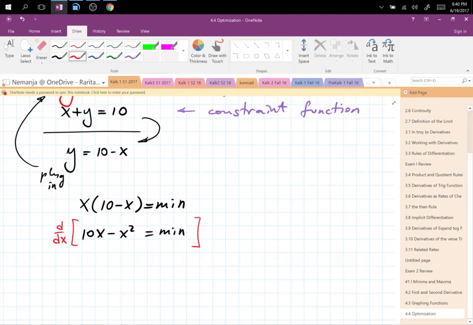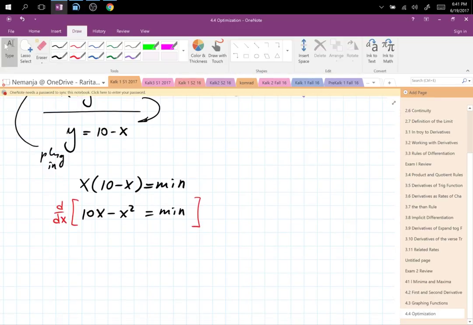Note that I couldn't take the derivative earlier because I had two variables. I couldn't take the derivative all the way on top where it said xy equals the minimum. We need to differentiate that equation, but we can't until we get rid of one of the variables. And that's where the constraint comes in. The constraint will eliminate the other variable. So once we have this, now I have 10 minus 2x equals 0.